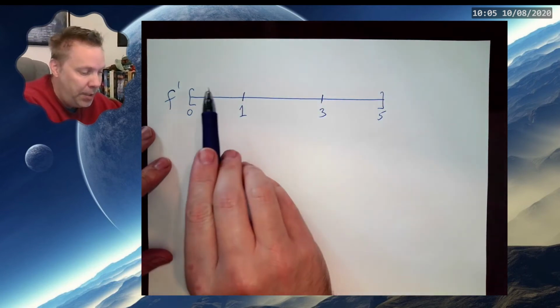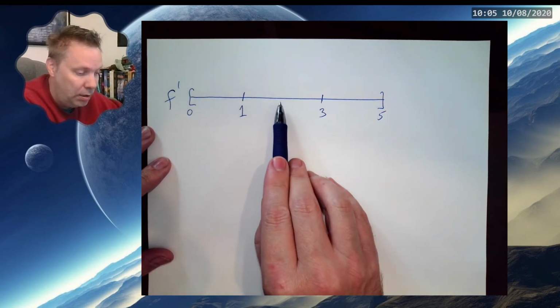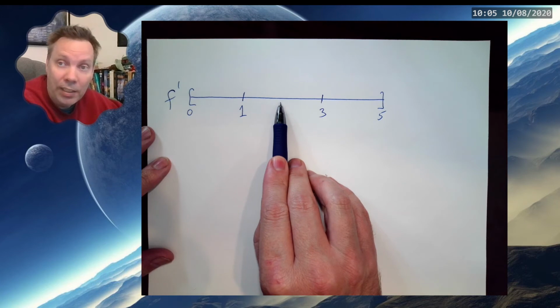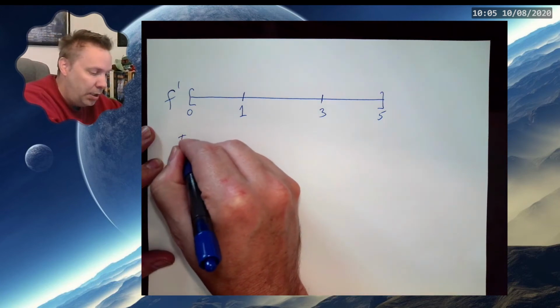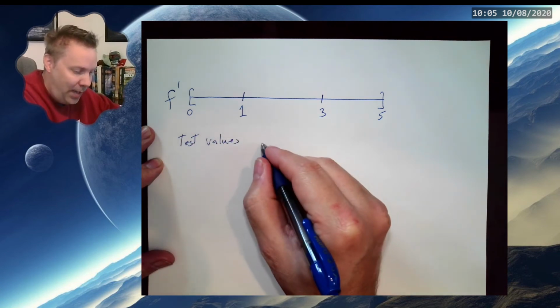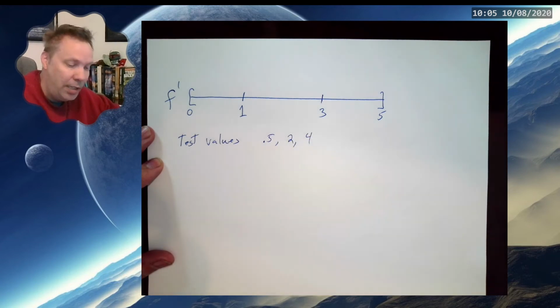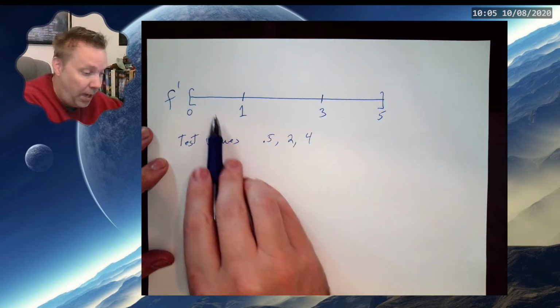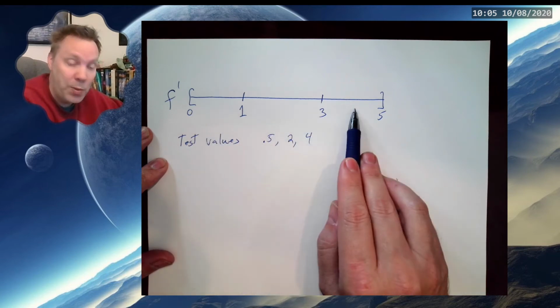What I want to do is figure out if f prime is positive between 0 and 1, whether it's positive or negative between 1 and 3, and between 3 and 5. So what I'm going to do is pick test values. My test values are going to be 0.5, 2, and 4. 0.5 is between 0 and 1, 2 is between 1 and 3, and 4 is between 3 and 5.